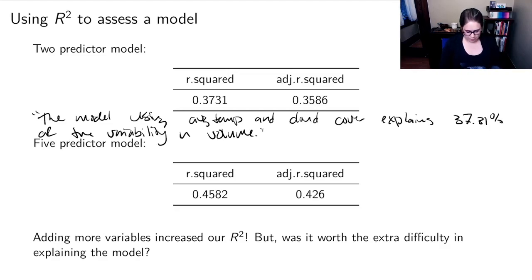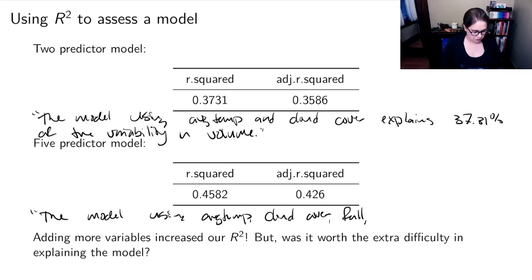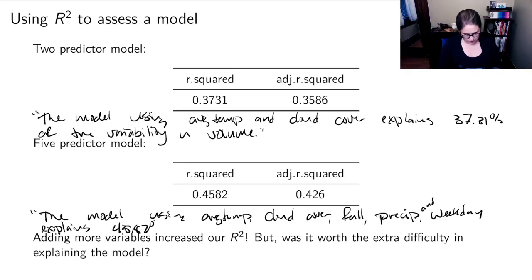Compared to, for my 5 predictor model, the model using average temp, cloud cover, fall, precipitation, weekday, I think that's all 5, explains 45.82% of the variability in volume.